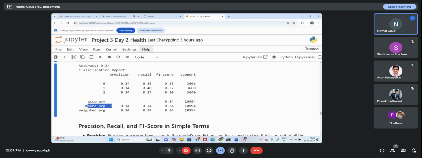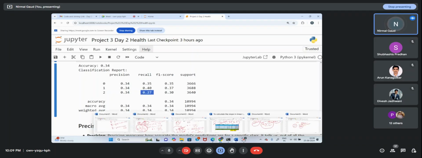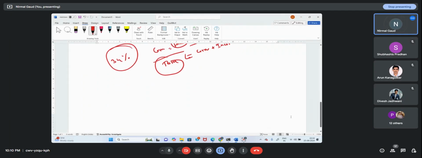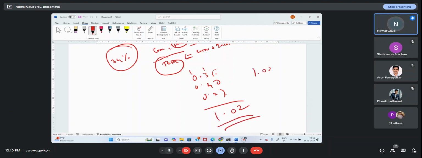Similarly, what will be the macro average for recall? 0.35, 0.40, 0.27. Let me take the sum: 0.35, 0.40, 0.27, that will be 1.02. So 1.02 divided by 3.